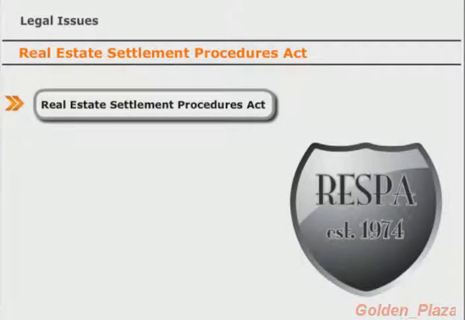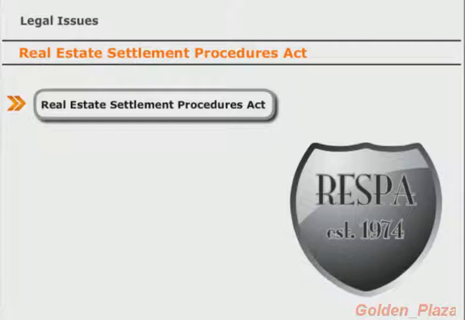Adopted in 1974, the Real Estate Settlement Procedures Act, or RESPA, is another consumer protection law. It covers purchase loans, assumptions, refinance loans, property improvement loans, and equity lines of credit for 1 to 4 unit residential properties. RESPA serves 2 functions.